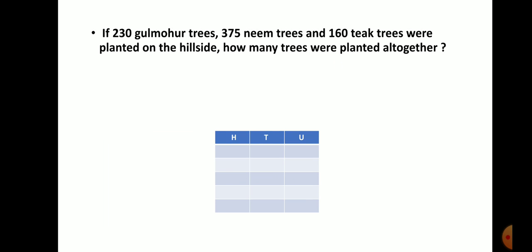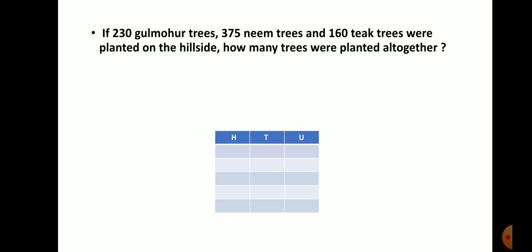Now the next sum. If 230 gulmohar trees, 375 neem trees and 160 teak trees were planted on the hillside, how many trees were planted altogether?